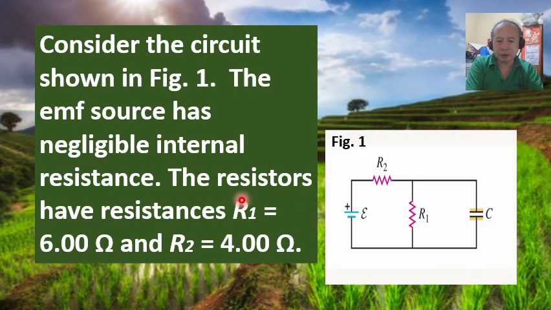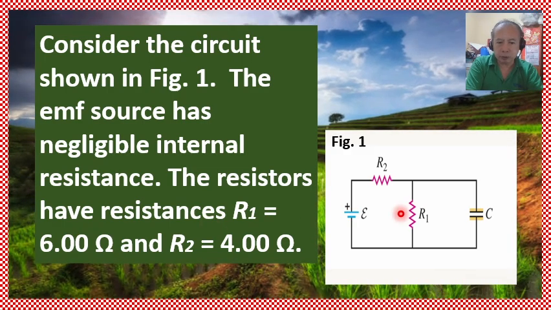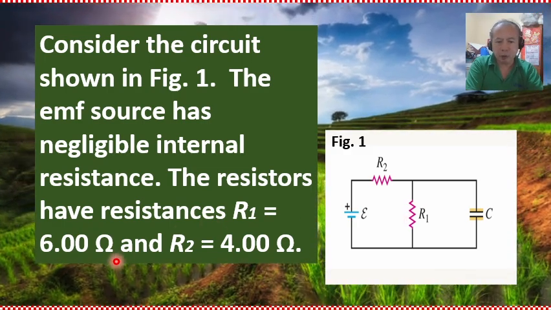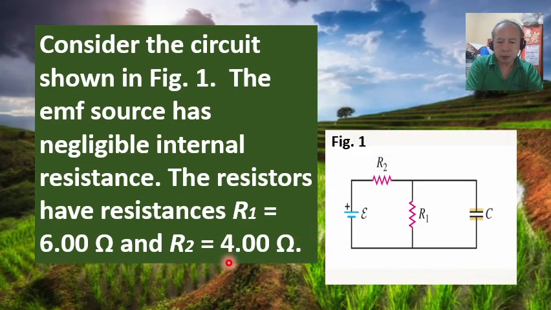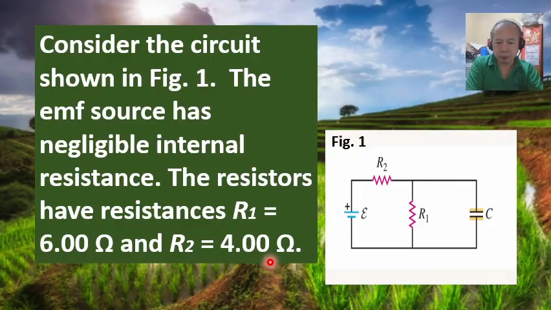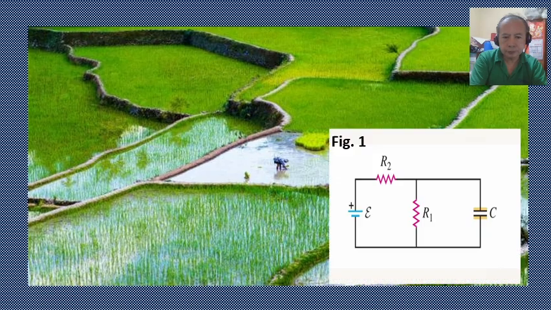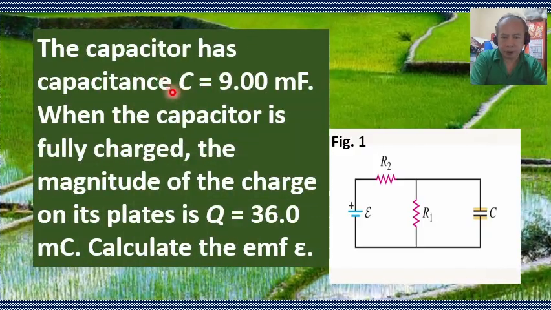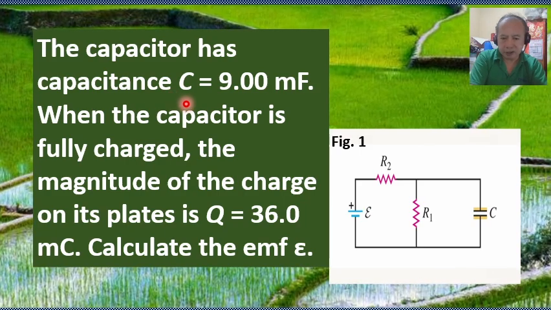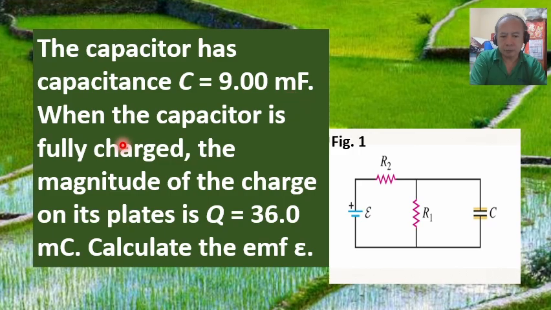The resistors have resistances R1 equal to 6.00 ohms and R2 equal to 4.00 ohms. The capacitor has capacitance big C equal to 9.00 millifarad.